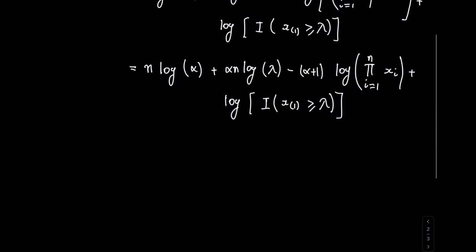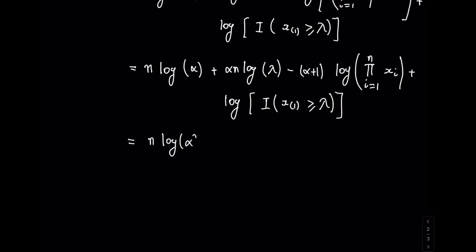Continuing forward, we might do one more added bit of simplification here. And that's just this component here where we've got log of a product of xi's. And recall that when we have log of a product, it's the same as the sum of logs. So I'm just going to rewrite this again.